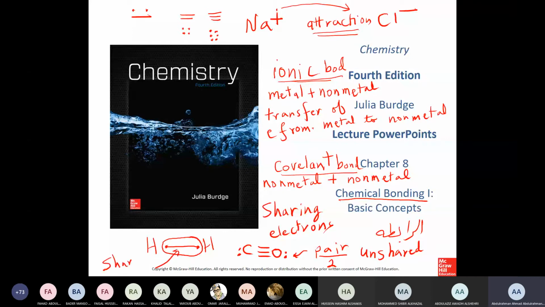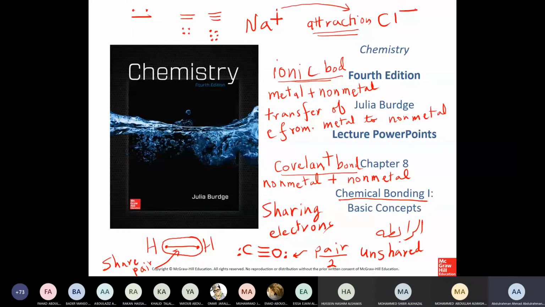Shared pair. What do you mean by shared pair? They are sharing the electron. Both hydrogens are sharing the electron.